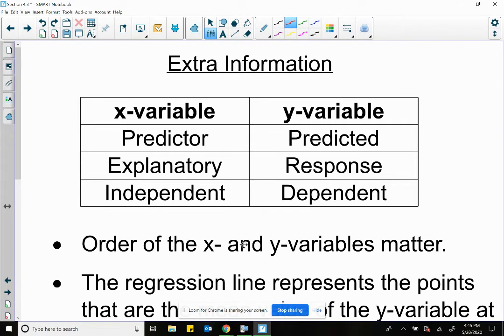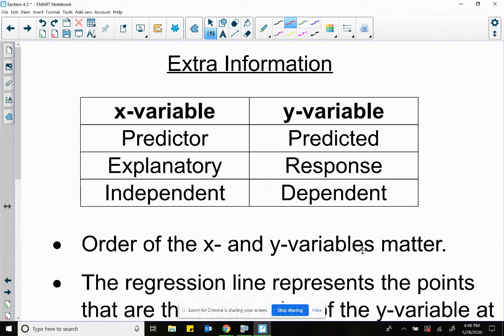Now, please know that when you are finding the regression line, the order of your variables matters. As I was talking about in 4.2, you can switch the two variables, and that does not change the correlation coefficient.